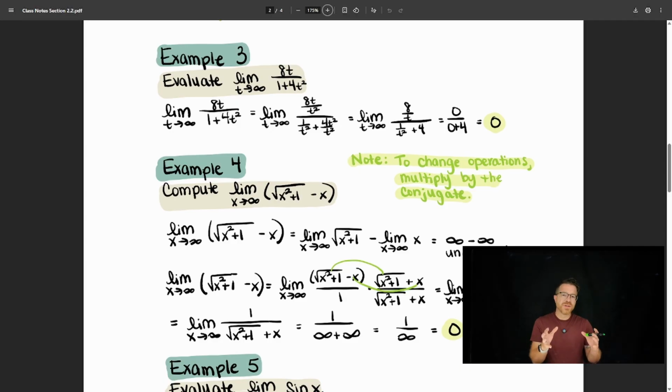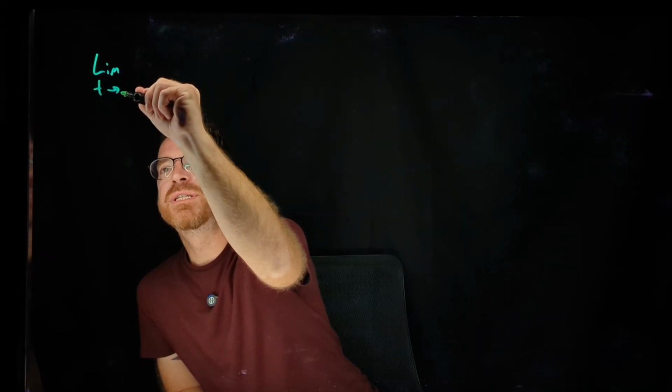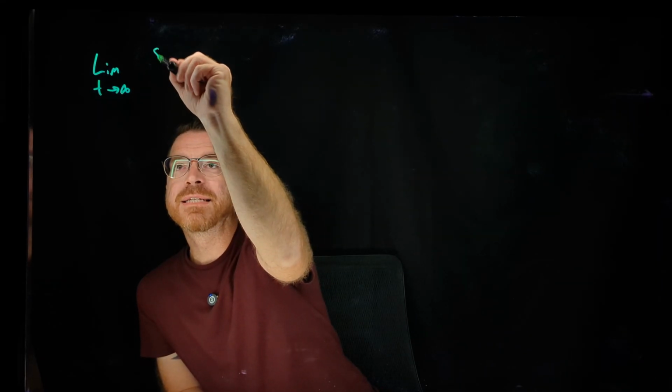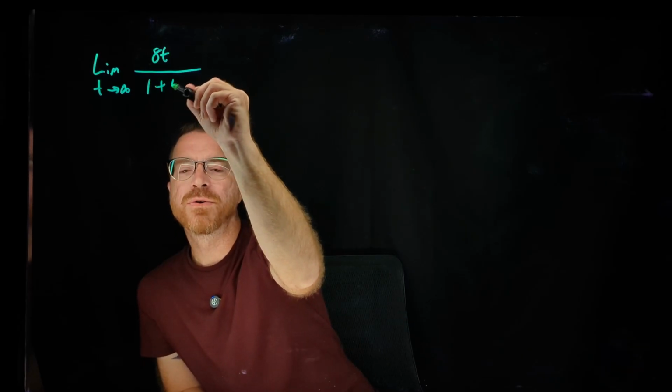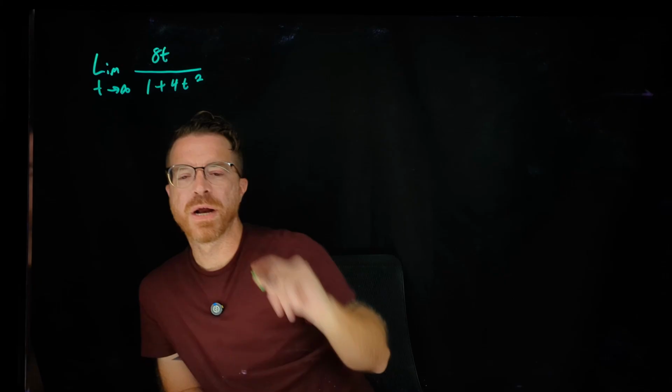So now that we have an intuitive idea of what it means to take a limit as x approaches infinity or negative infinity, let's look at a couple of examples with functions that aren't so easy to visualize, and solve them analytically. We're going to start with the limit as t approaches infinity of 8t divided by 1 plus 4t squared.